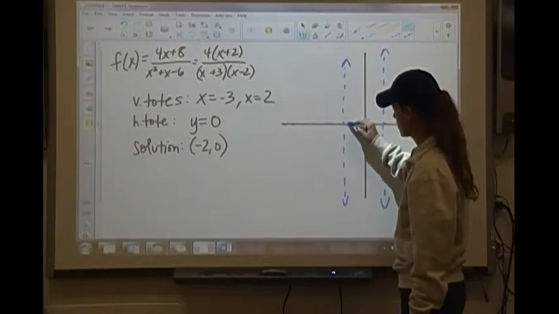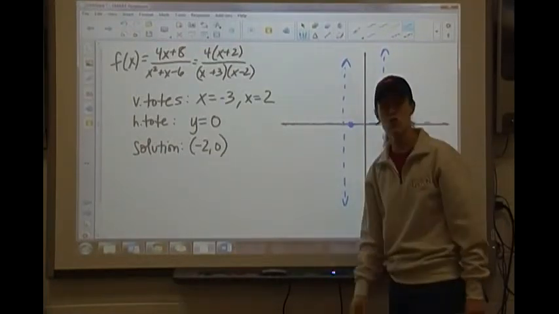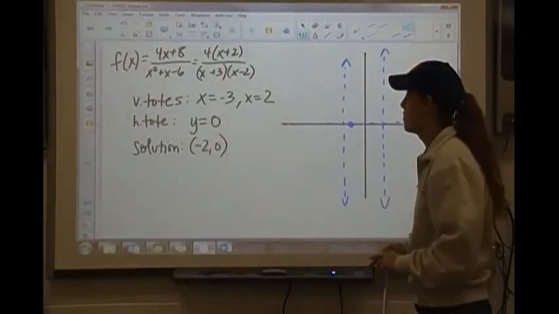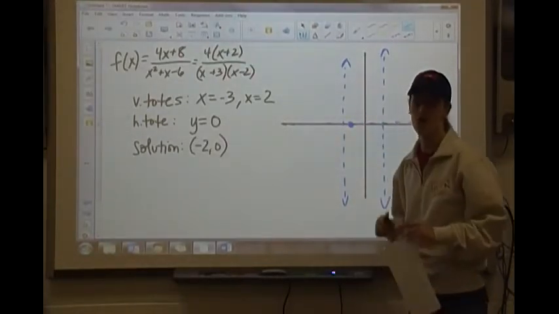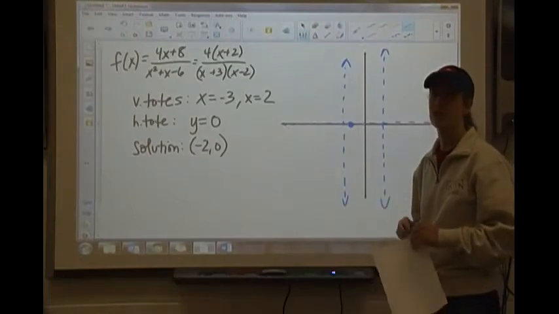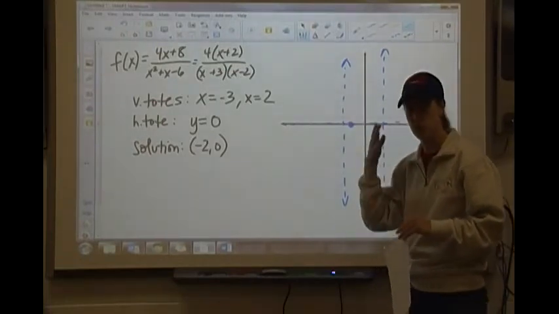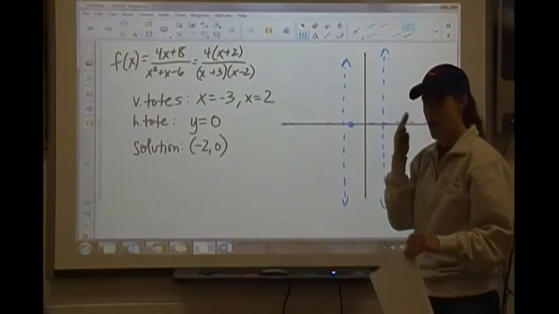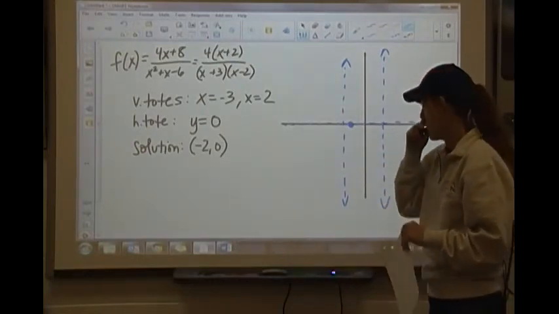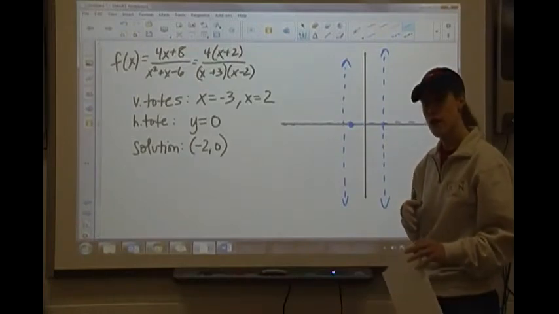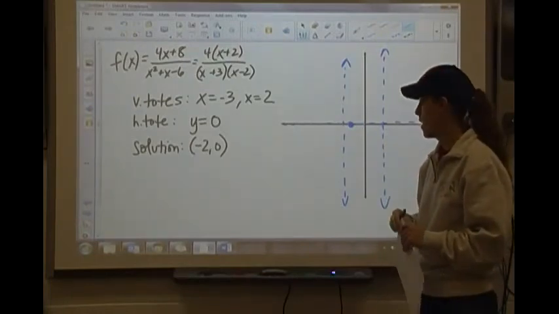Now, since we have a solution at negative 2 and a horizontal asymptote, that should be an indicator to us that we are going to have a graph that passes through the horizontal asymptote. Because you have a solution and an asymptote, that's kind of counterintuitive. So at this point, I would want to go to my graphing calculator and take a look at this and see what it looks like.